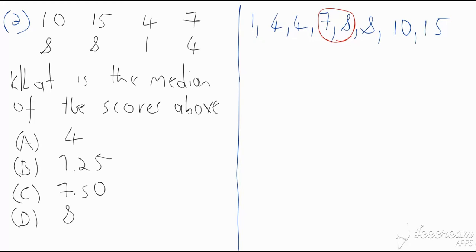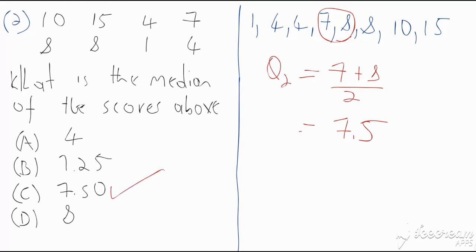So to get the median, which we sometimes refer to as the middle quartile, we can call it Q2. It would be (7 + 8) over 2. All right, and you don't have to actually manually work this out, because you know that if you average 7, 8, you're going to end up with 7.5. So the answer to my question here is C, which is 7.50.